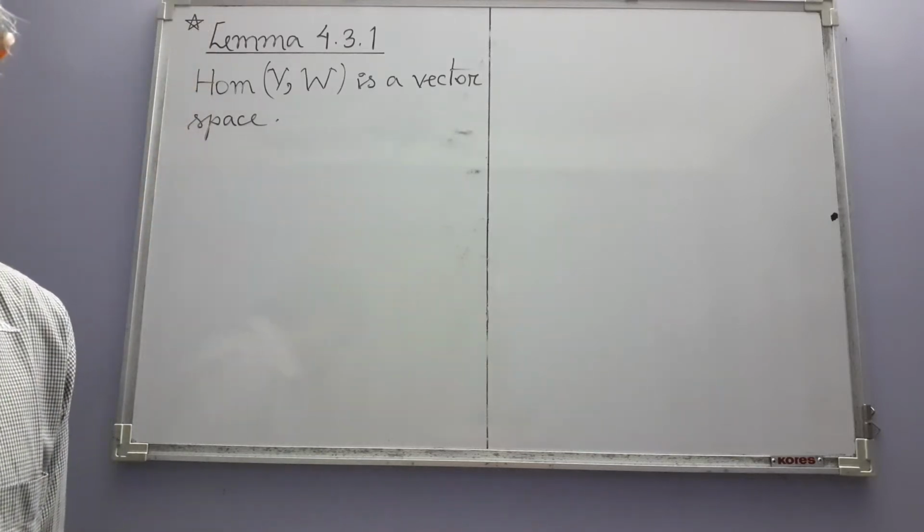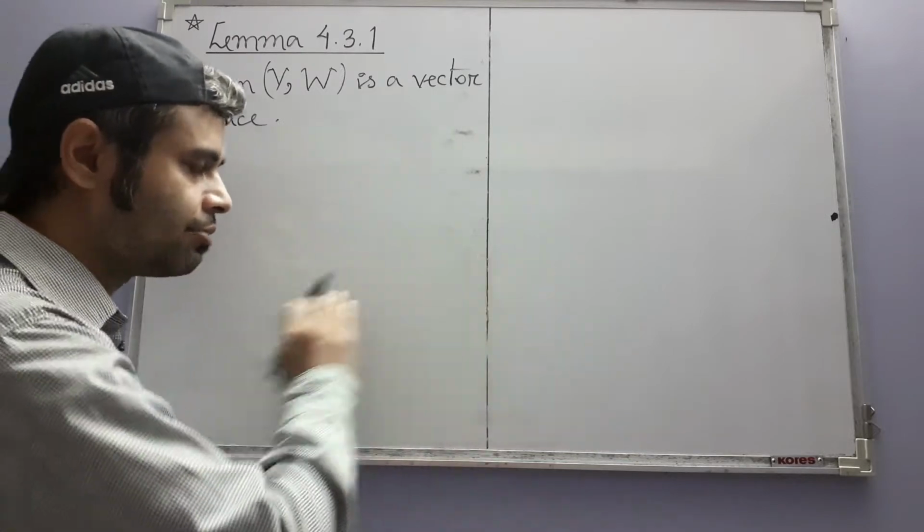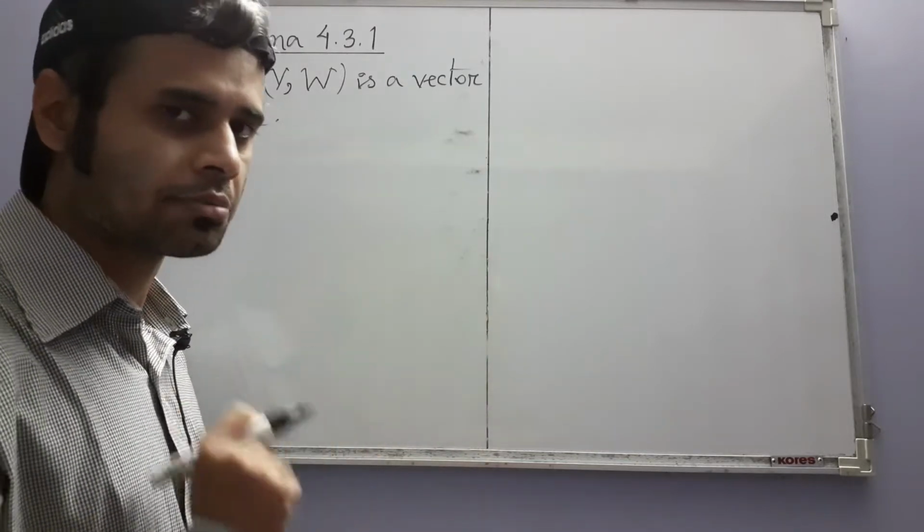Now if you recall the proof, mainly what we did was verify all the vector space axioms one by one.